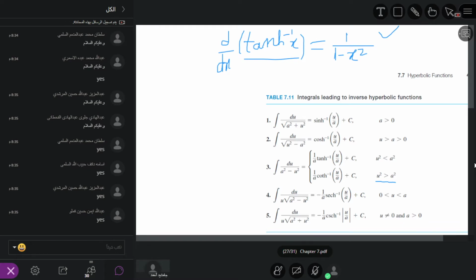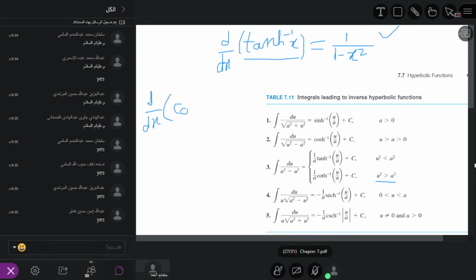So here, if in this formula we replace a equal to 1 and u equal to x, we get the above. Here I write the derivative of cotangent hyperbolic inverse x.